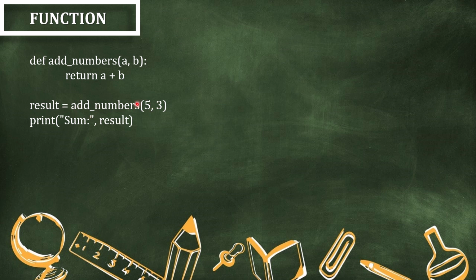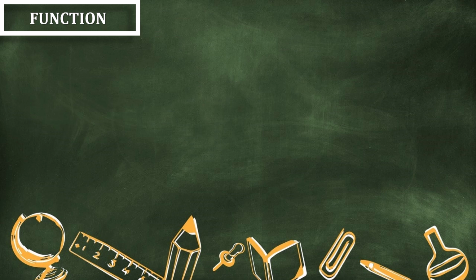The function name is add numbers, and we are passing these arguments to that function. So the result is the sum of those two numbers. Here a and b are the formal parameters, and the 5 and 3 passed to the function are the actual arguments.